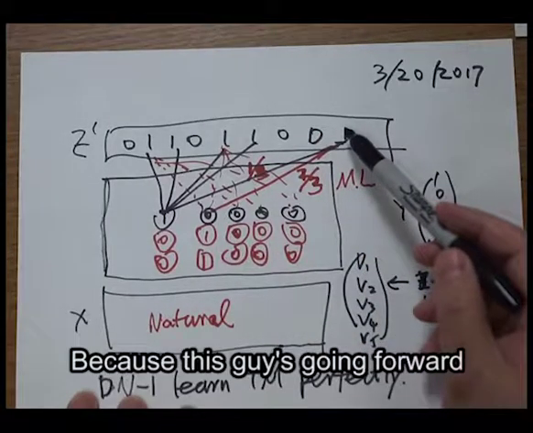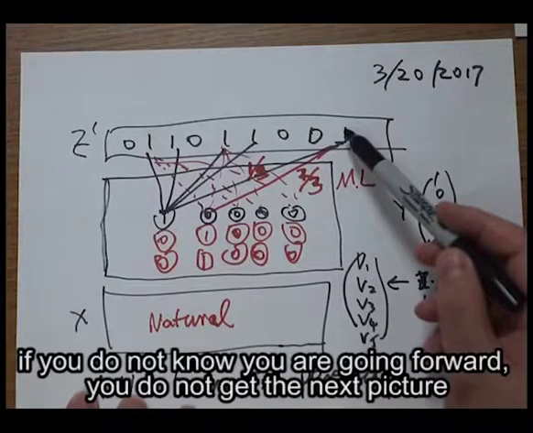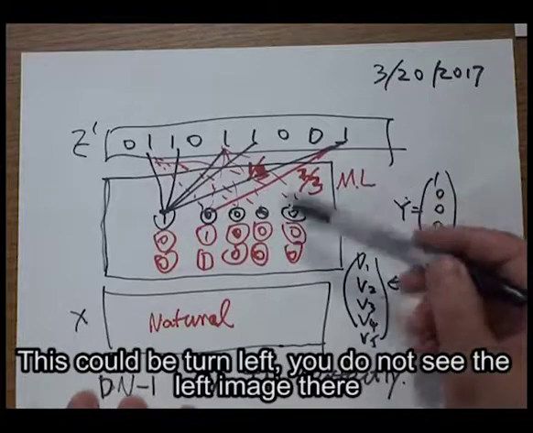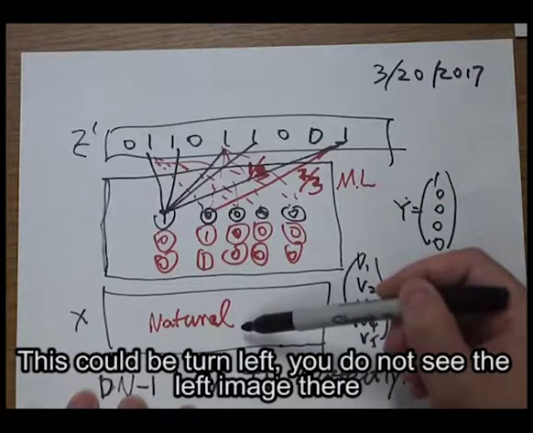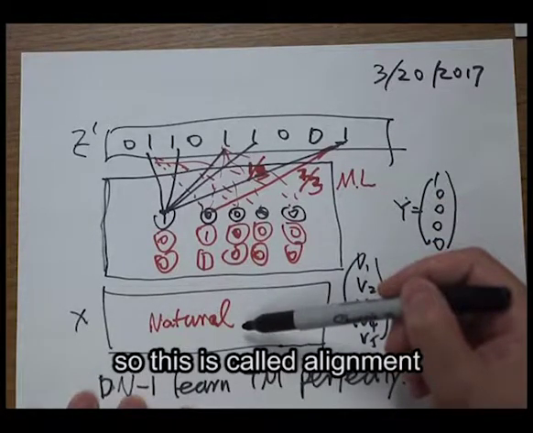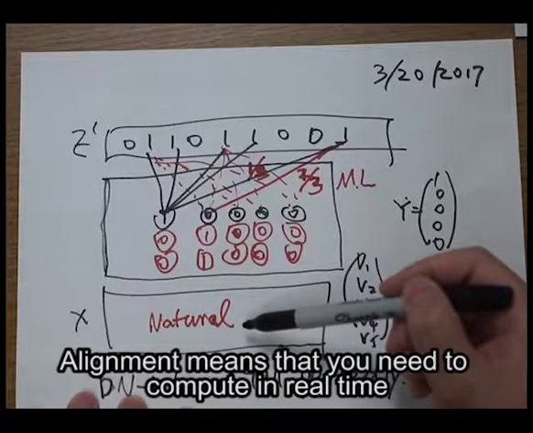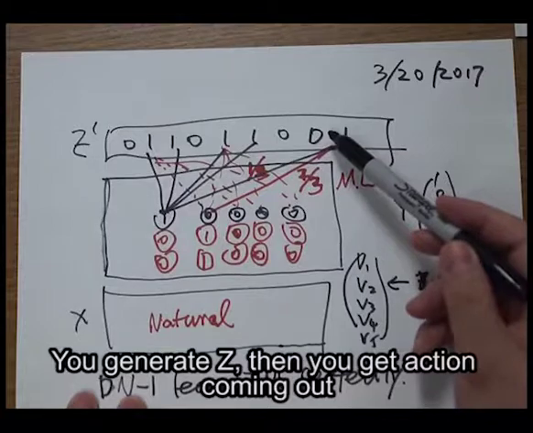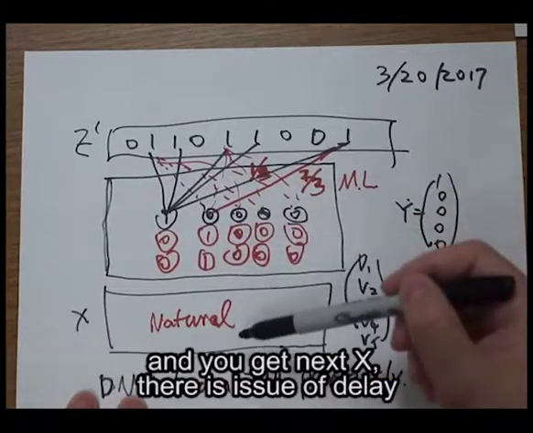Because this is like moving forward. If you do not move forward, you do not get the next picture. Or if you turn left, you do not see the left image there. So this is called online learning, which means you need to compute in real time. You generate Z, then you carry out the action, and you get the next X. There is an issue of delay.